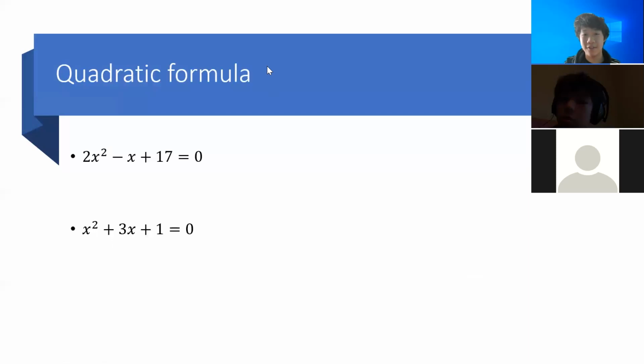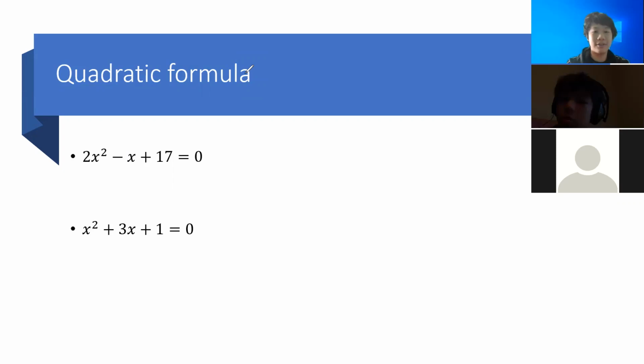Now we got the quadratic formula. I don't think that many of you know this one, but whenever we can't factor a quadratic, so if you were to try to factor these, it's not going to work. So when we can't factor things, we're going to use the quadratic formula to solve for x.